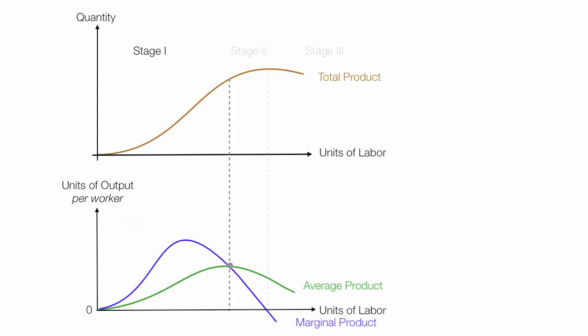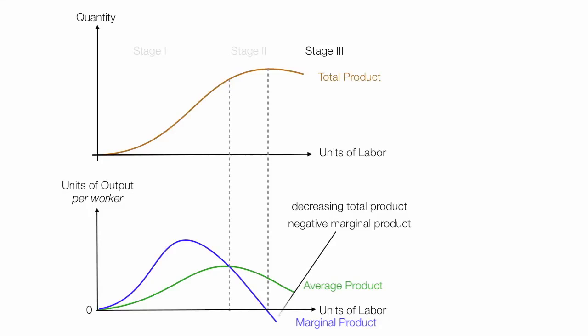Stage 2 is decreasing average product, but I still have a positive marginal product. Stage 3 is a decreasing total product and a negative marginal product. And with negative marginal product, total product is actually falling. Adding more labor causes total product to fall.